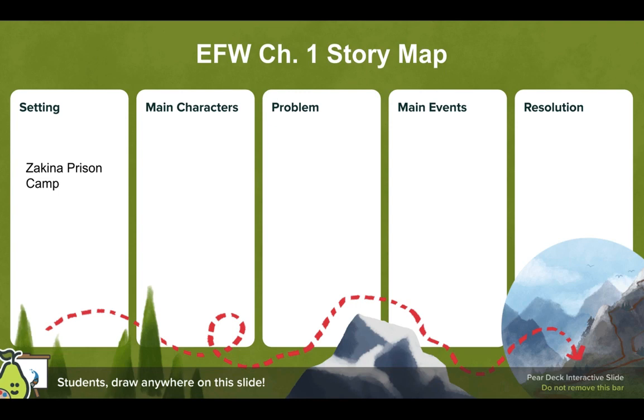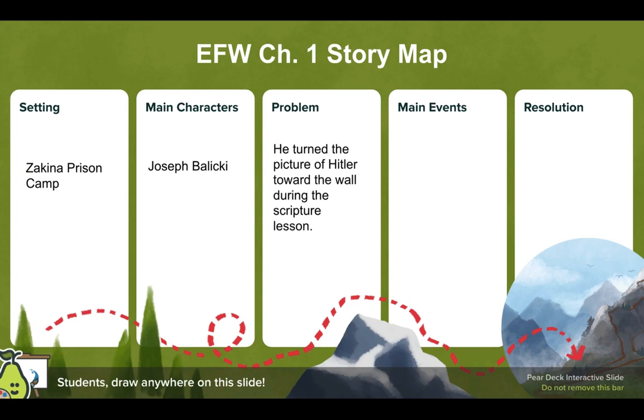Who was the main character of chapter 1? Yes, it is Joseph Belitsky. What is his problem? He turned the picture of Hitler toward the wall during the scripture lesson. Pardon me. And this caused something.